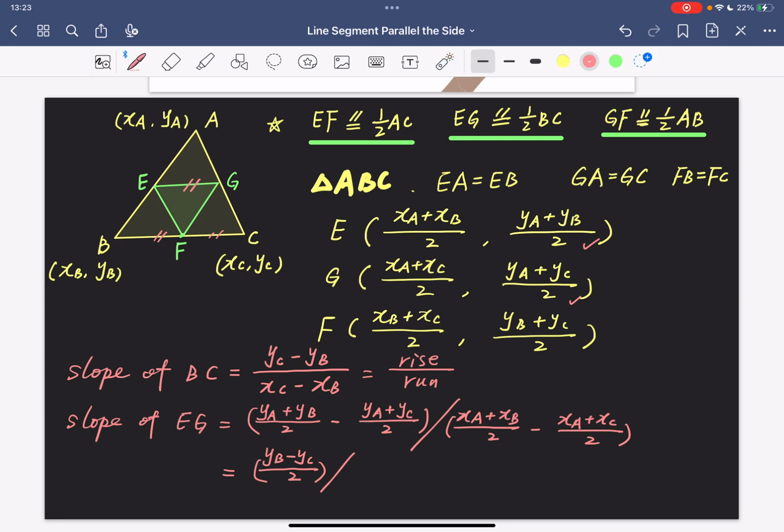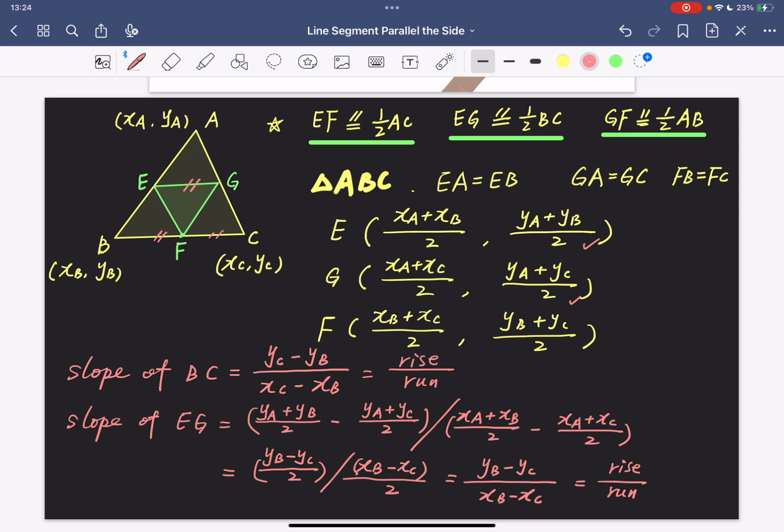So in the denominator, we have xb minus xc divided by 2. Then we get yb minus yc divided by xb minus xc. This is also the rise over run.